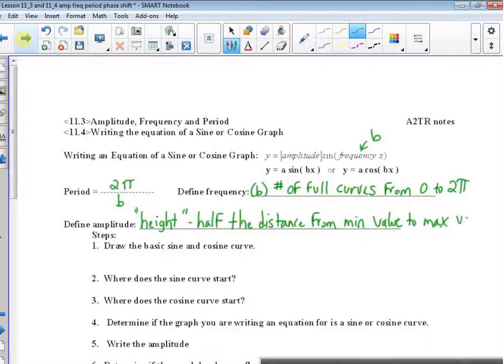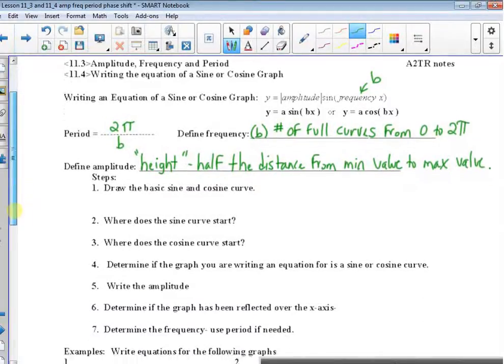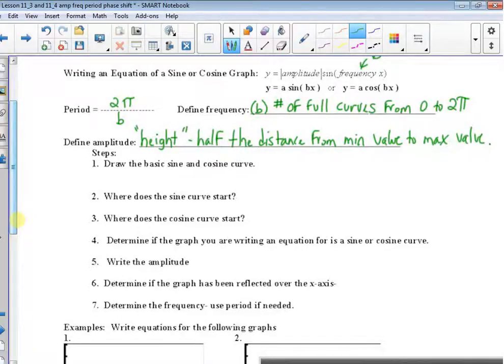All right, so if you're given a graph and you're asked to come up with the equation, then you need to know, first of all, kind of some steps here. First of all, you need to know, is it a sine or a cosine curve? So for y equals sine x, you need to know that it goes like this.